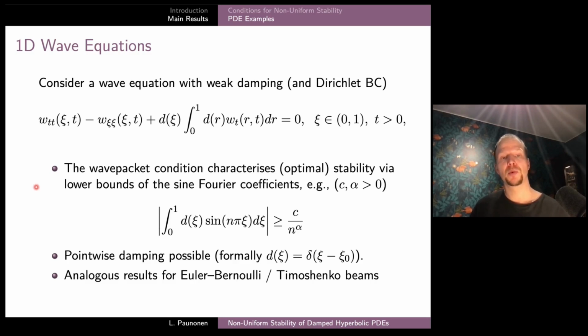And this way we can convert the investigation of the non-uniform stability of this equation into the study of the Fourier coefficients of the damping function d. And in this situation, our results produce the optimal degree of non-uniform stability and rates of decay, and this we have shown in our paper as well.